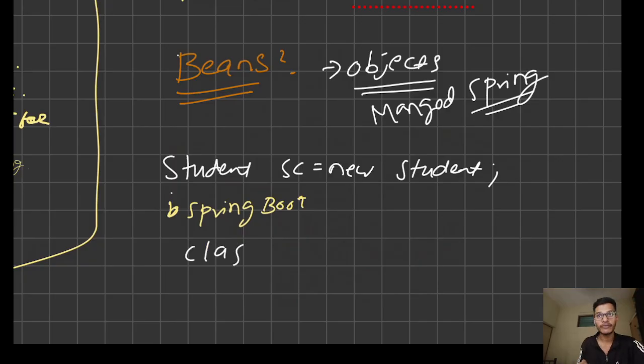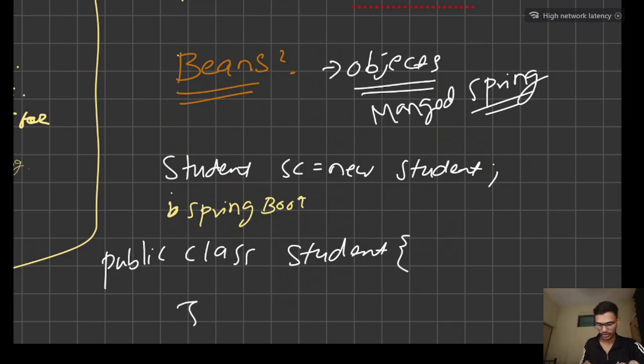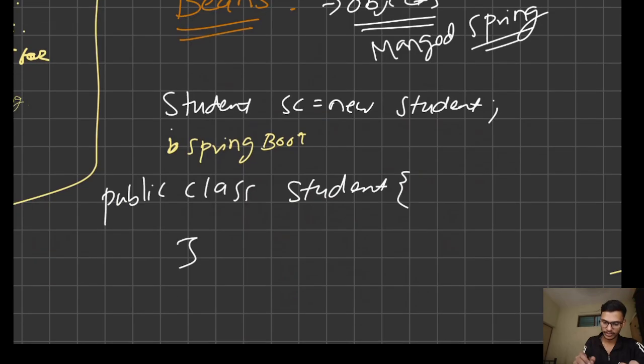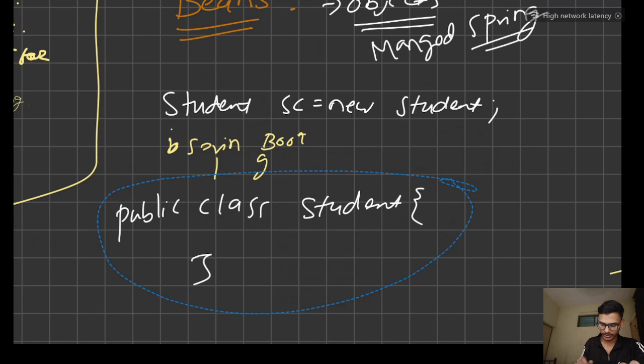We write the public class Student, and put the annotation on it.